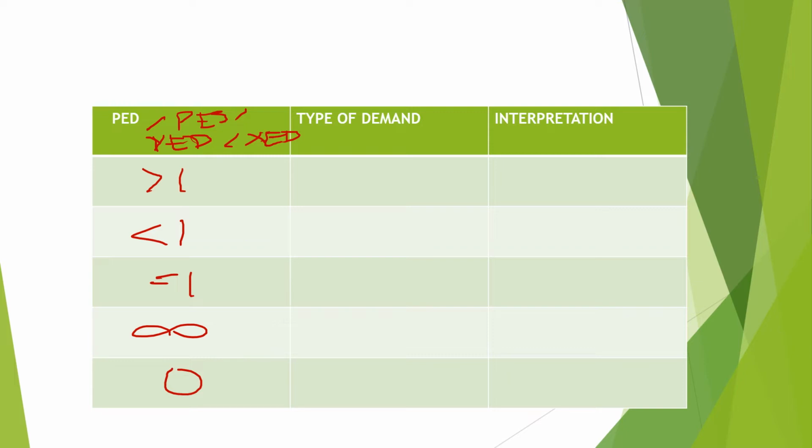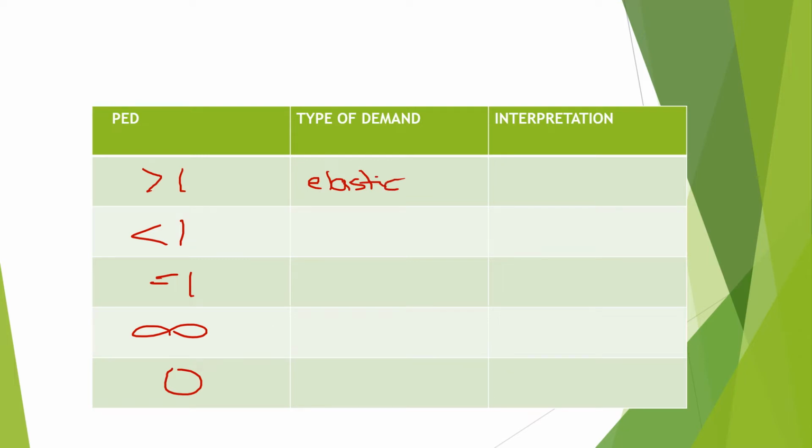Okay, now let's just focus on interpreting the PED. Although, again, the type of demand will still be the same all throughout. If your answer is greater than 1, even if it's just 1.01 or 1.1, your demand is elastic. So what does it mean to have an elastic demand?